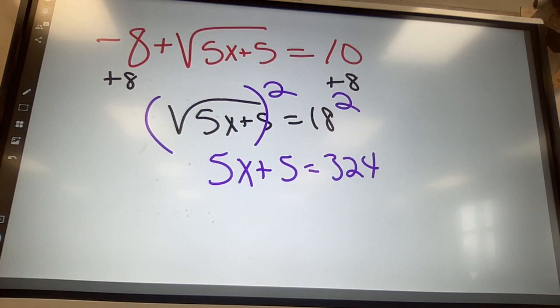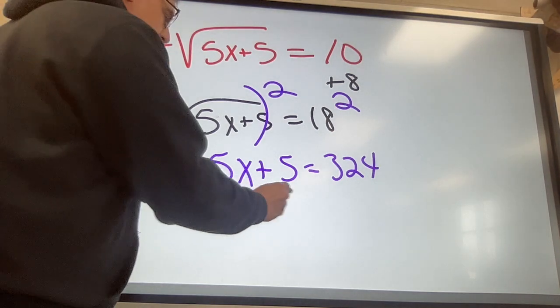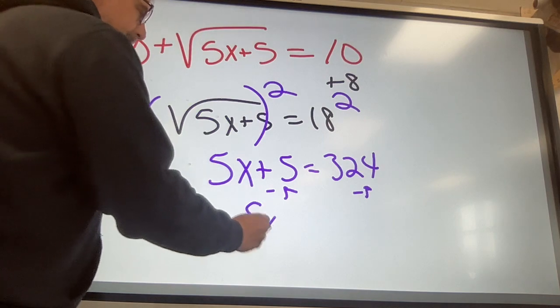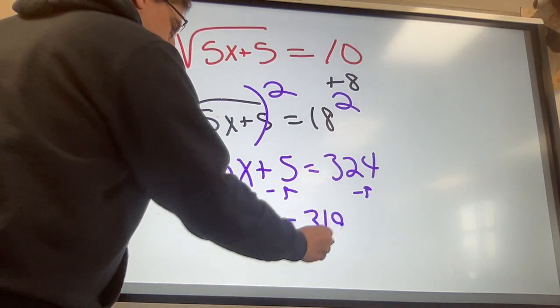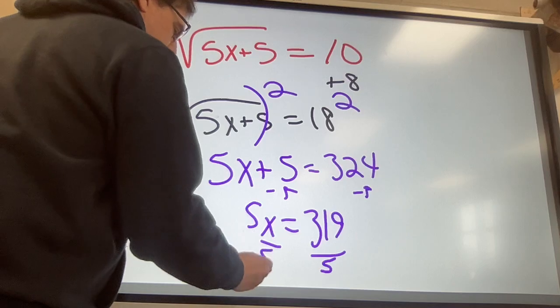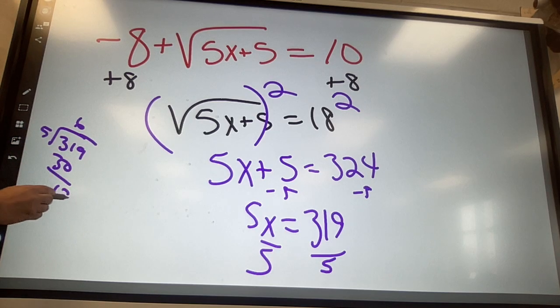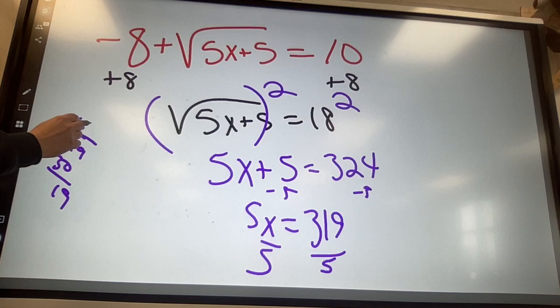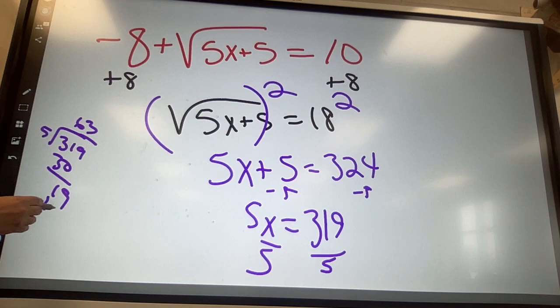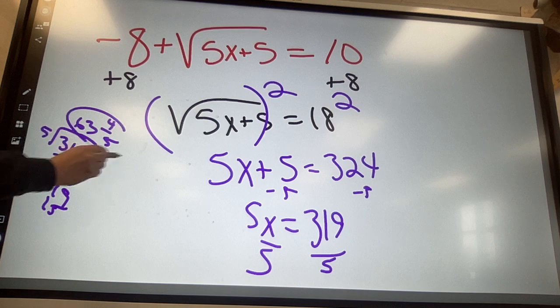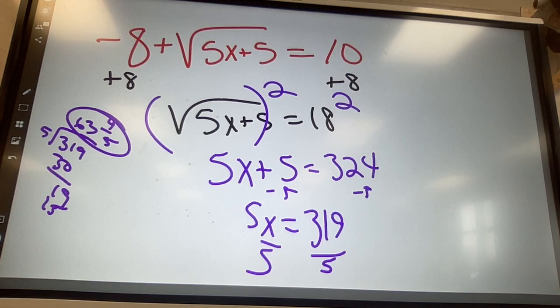It's going to be a fraction, but that doesn't matter. Take away 5. 319 over 5. That's 63 4/5.